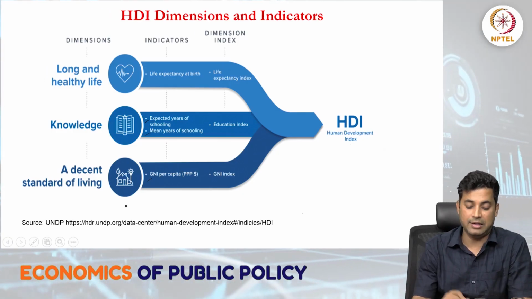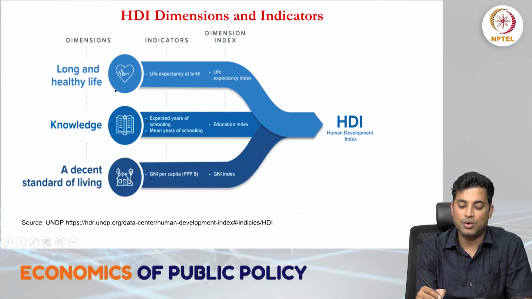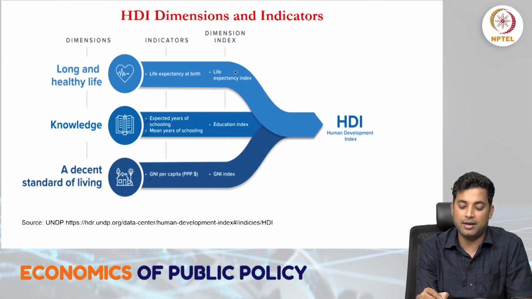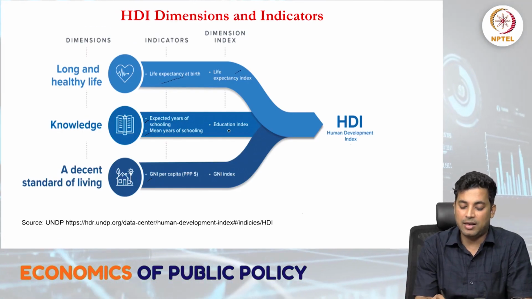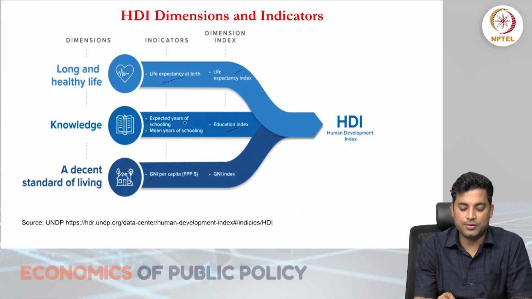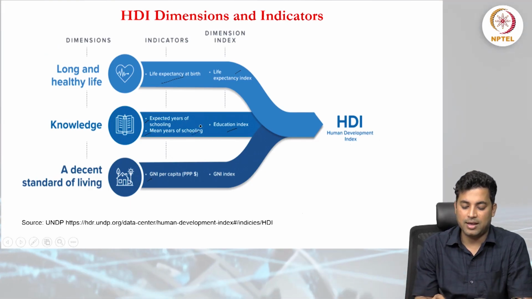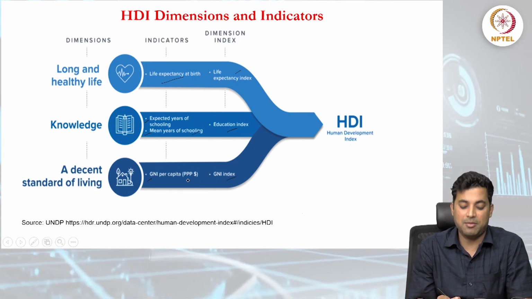decent standard of living. In the dimension index, from the long and healthy life dimension, we get the life expectancy index, which comes from the life expectancy at birth indicator. Then we get the education index from expected years of schooling and mean years of schooling, and the GNI index from GNI per capita.